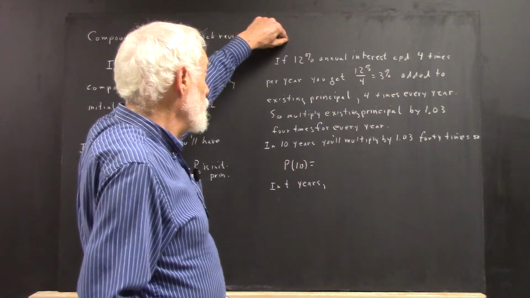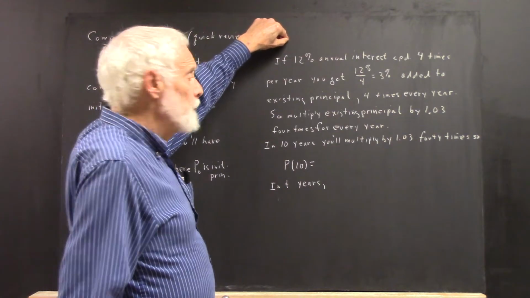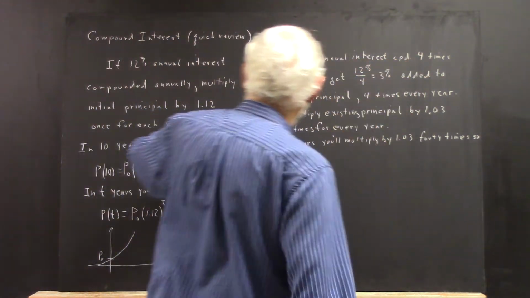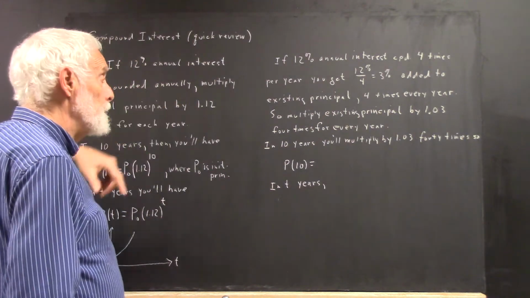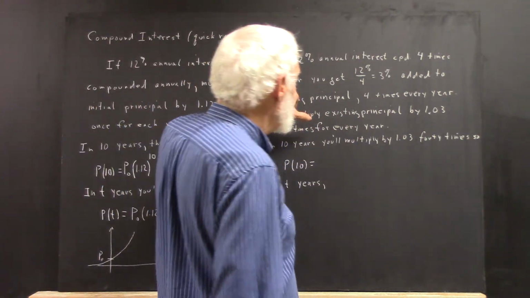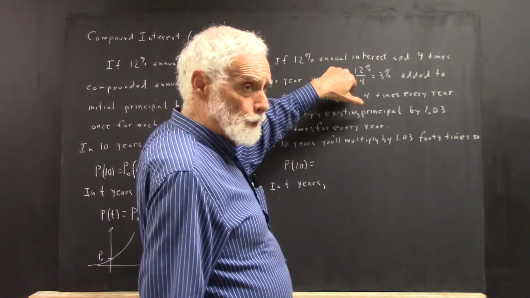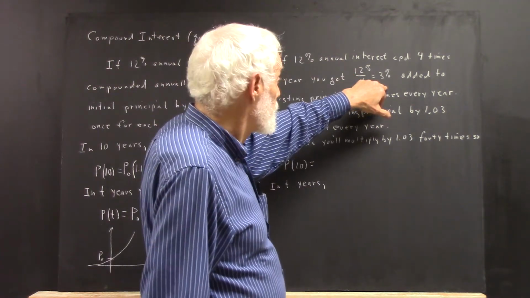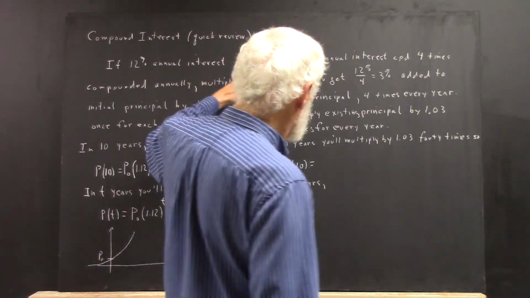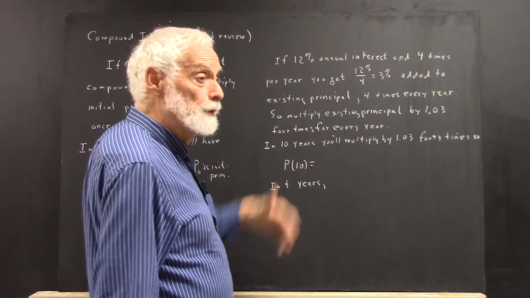Okay? Now, if you have 12% annual interest, that you're compounding 4 times a year rather than just compounding it annually, then that means that you're going to get 1/4 of your 12%, which is 3%, added to your existing principal 4 times every year.